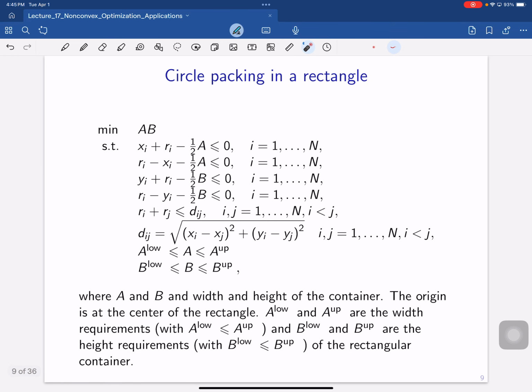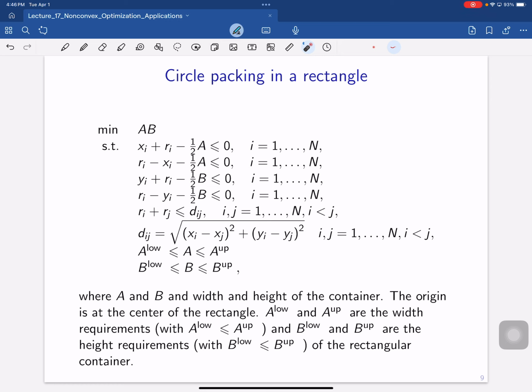Now the next problem we will cover is so-called circle packing in a rectangle. Right? You can think about you have some circles, you want to pack them into a container. Usually the container is a rectangle. Right? But in the previous case, the container is also a circle. Now similarly, we will have a non-overlapping constraint, and also the circle cannot exceed the boundary of the rectangle. Right?